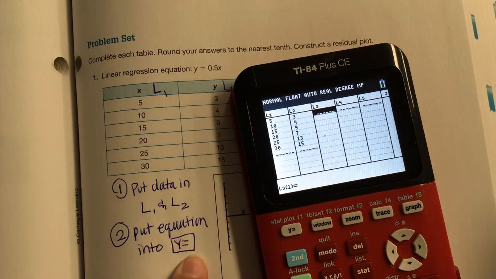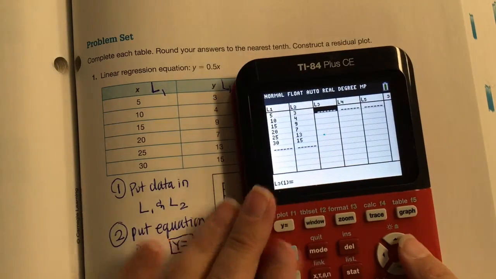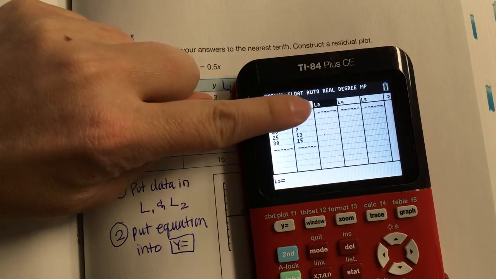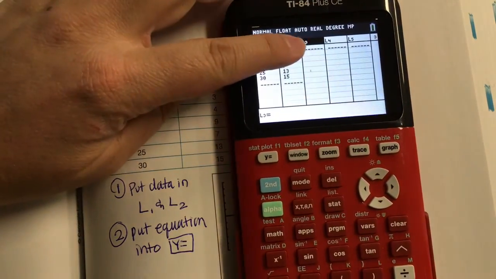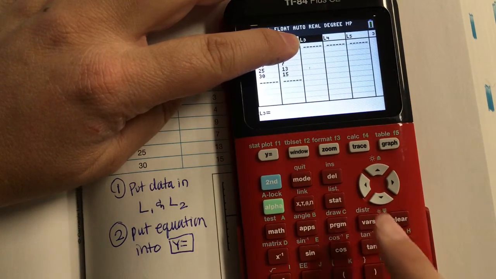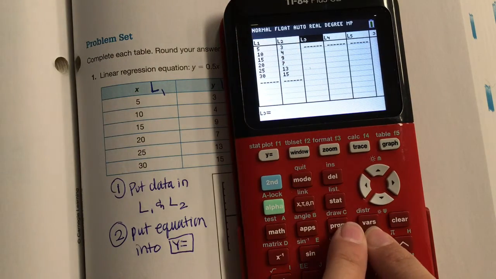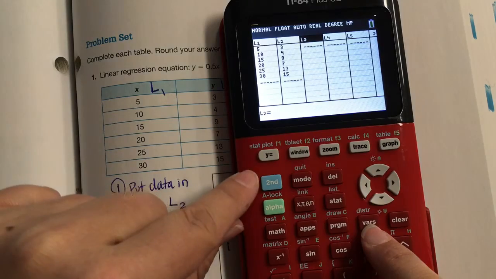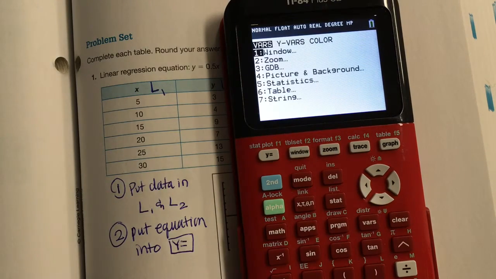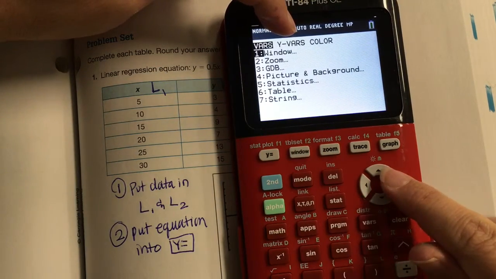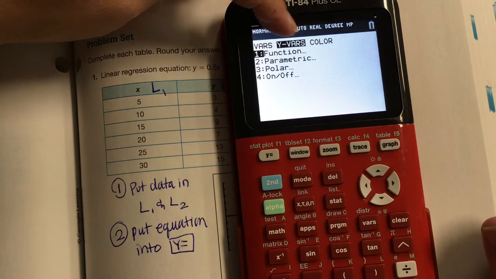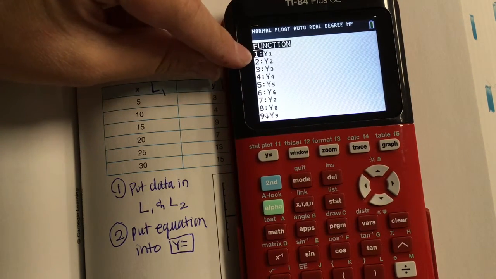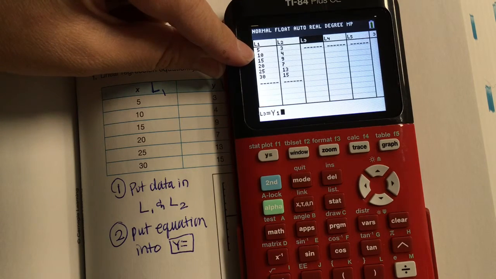Then step 3 is you are going to go over to L3 and then up. When L3 is dark, you're going to find the button vars. So in L3, you're going to go to vars and then over to y vars, and then first one for function, and then we're going to pick y1.